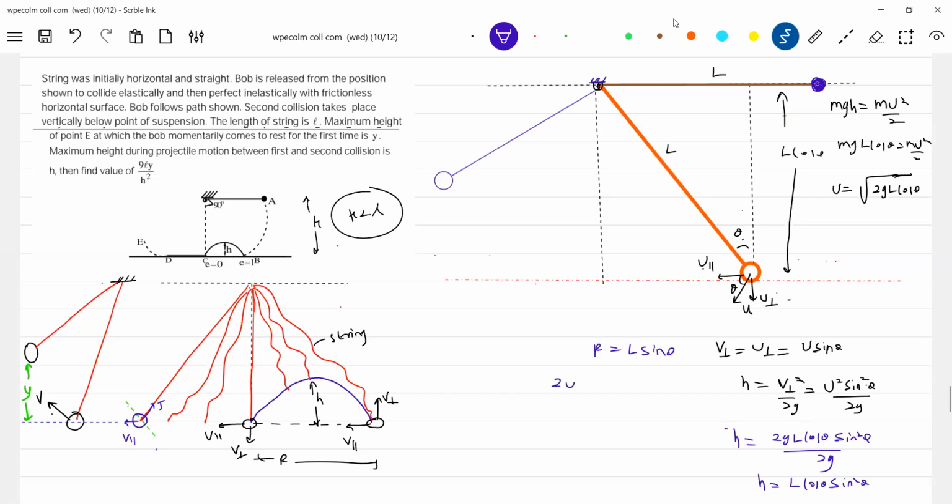And what is the range? Range should be 2U square cos theta sin theta by G. Sin theta gets cancelled. So this should be G U square equal to G cos theta by 2.